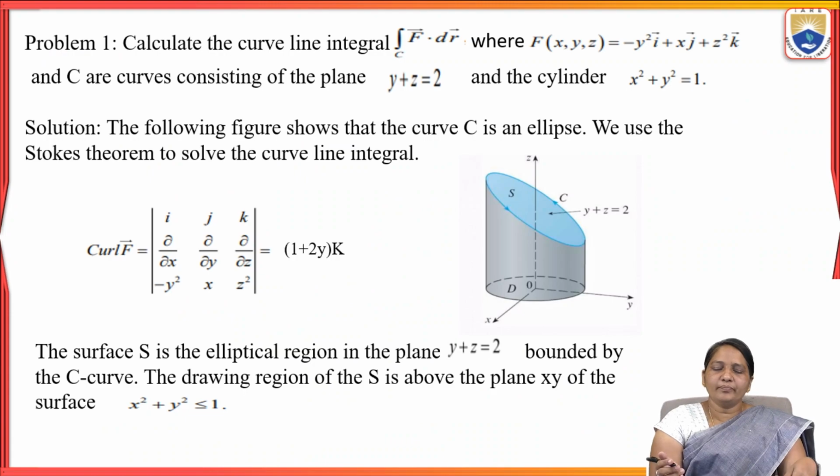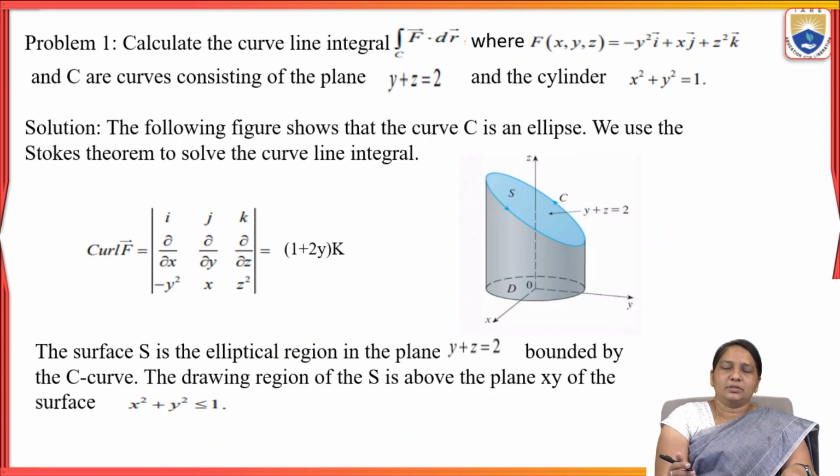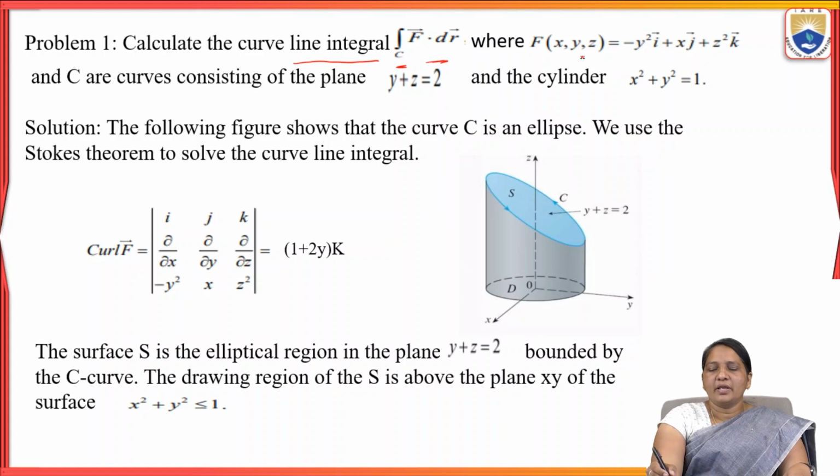See the problem. Calculate the line integral over C of F dot dr, where F of x, y, z equals minus y square i plus x j plus z square k. What is the vector field here?